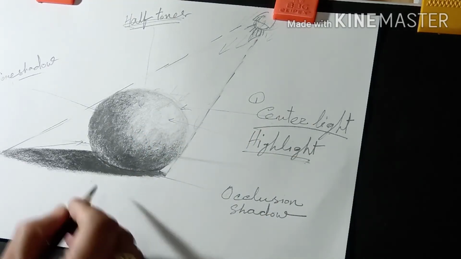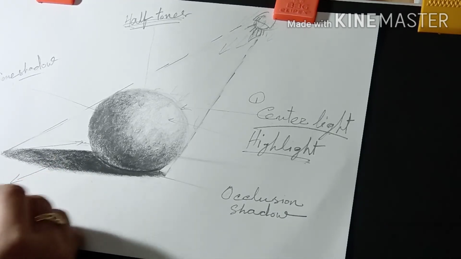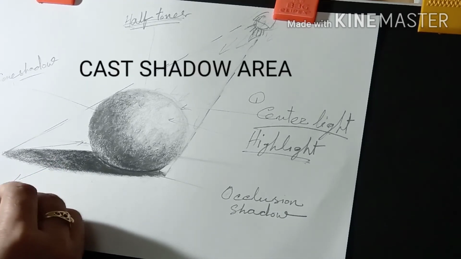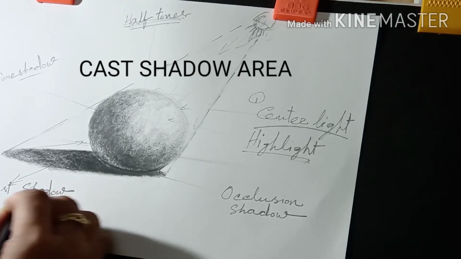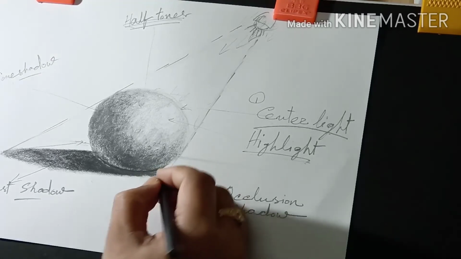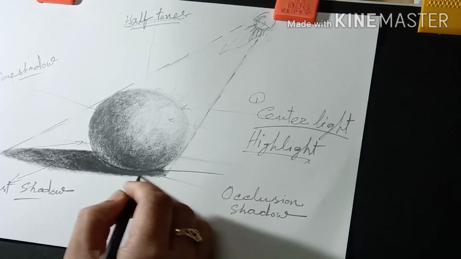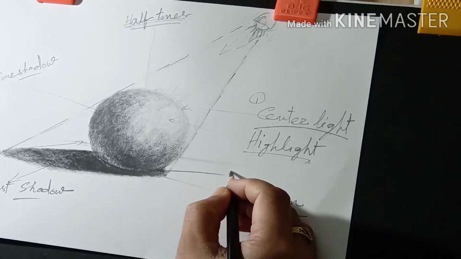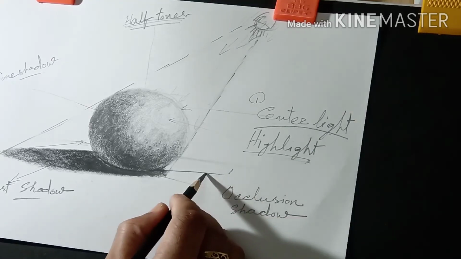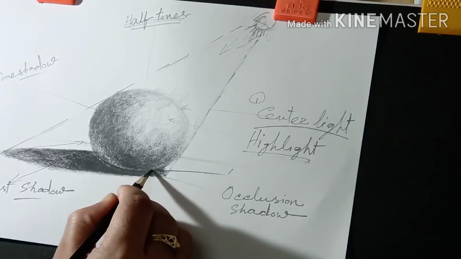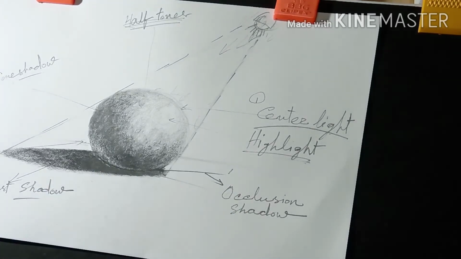Okay, so this area is called cast shadow, and this dark area, as I already mentioned previously, this line we can see here, is the occlusion shadow.